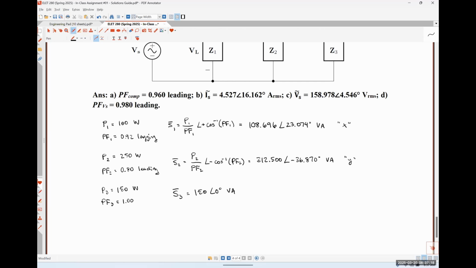Recall from when we were discussing power factor that a power factor angle of 0 corresponded to a power factor of 1, right? So we could type that whole big thing into our calculator if we were so inclined, but we wind up getting just the same result by understanding what unity power factor actually means. Okay. So I'm going to put this in my calculator and store it as Z.